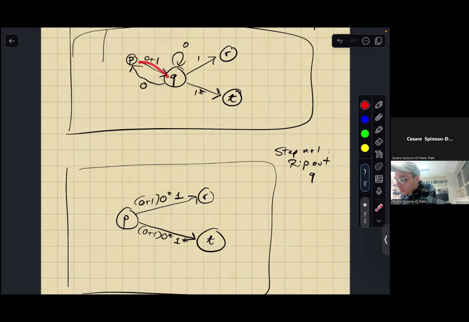So I can read 0, 1, read any number of zeros, and read a 0 and go back to P, right? So then I add a self loop, which looks like 0, 1, 0 star, and then 0, right? And then I would just continue in this way, right? So this other caveat is just that you have to consider all of the pairs of states that the intermediate state you're ripping out allows you to transition from and to.